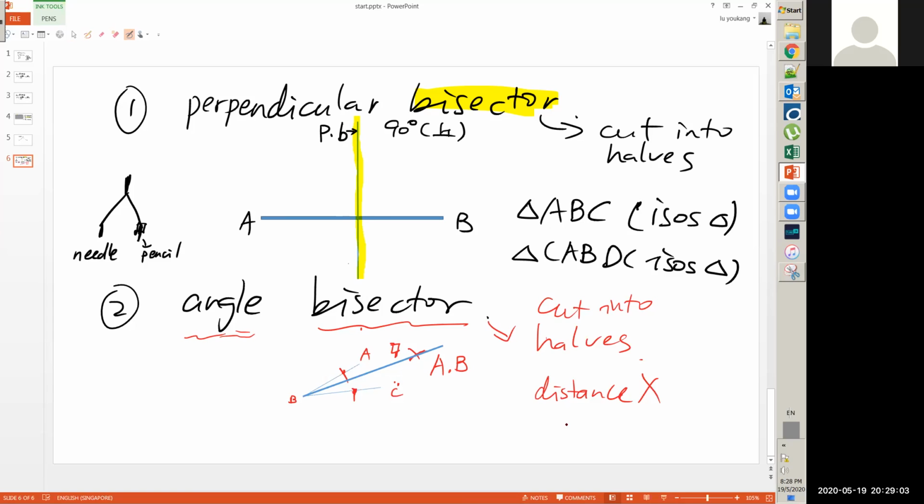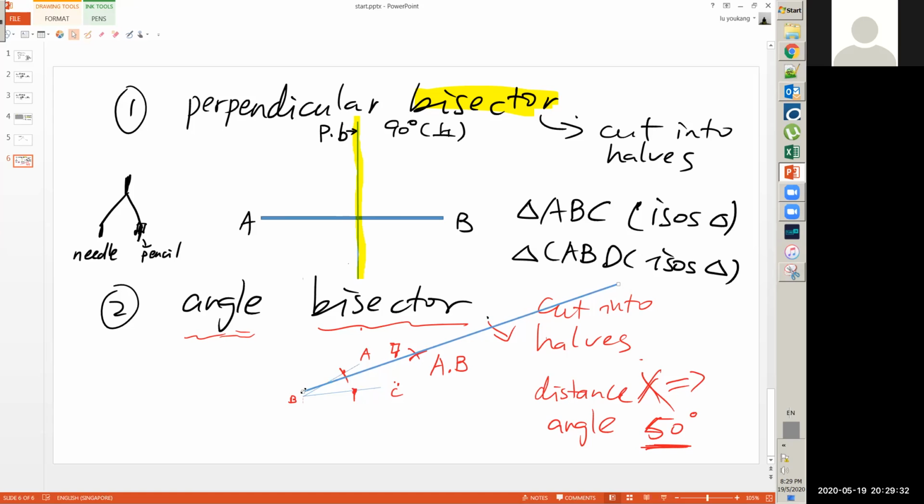I'm talking about angle. Let's say it's 50 degrees. I'm more concerned about the size of the angle, not so much about the length. Basically you can extend it, as long as it cuts through this point.